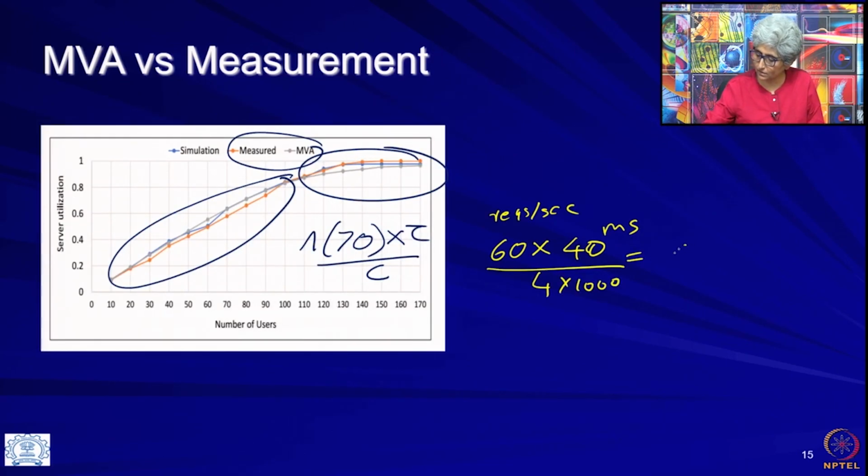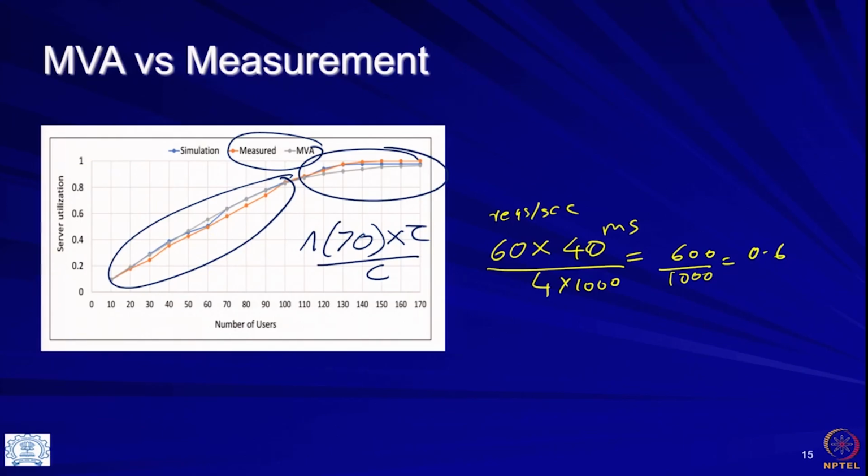We get 600 by 1000, which is 0.6. Let us see whether that is approximately what you get here. You can see that the server utilization at number of users equal to 70 is 0.6. You have to see the measured line, the red line, and it is exactly at 0.6, and that matches almost perfectly.